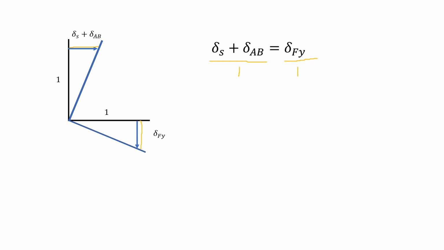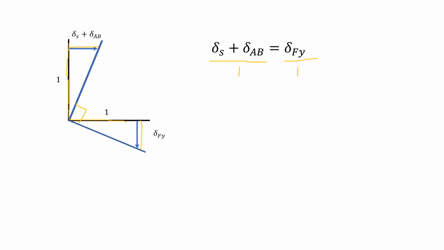Bakit siya similar triangles? So, take note na yung link BCD ay rigid. Therefore, kung mag-move man siya pa-clockwise o mag-rotate man siya pa-clockwise, yung angle between this line BC, and line CE is still 90 degrees. 90 degrees pa rin itong angle na to.